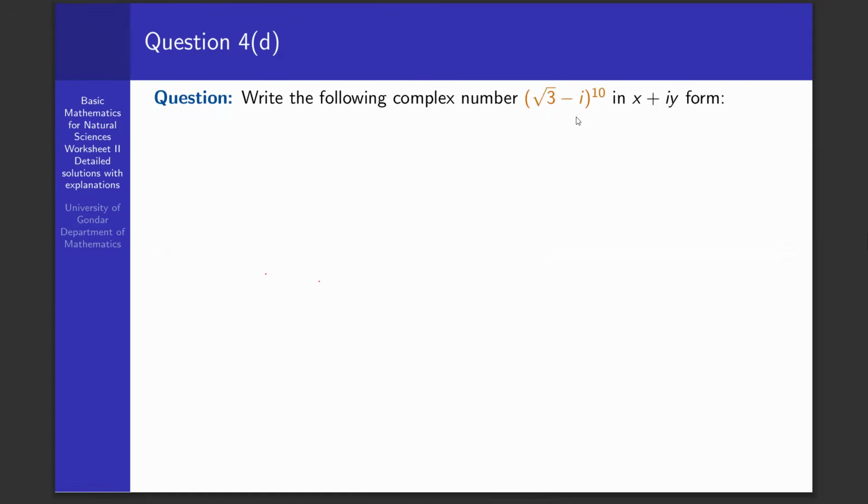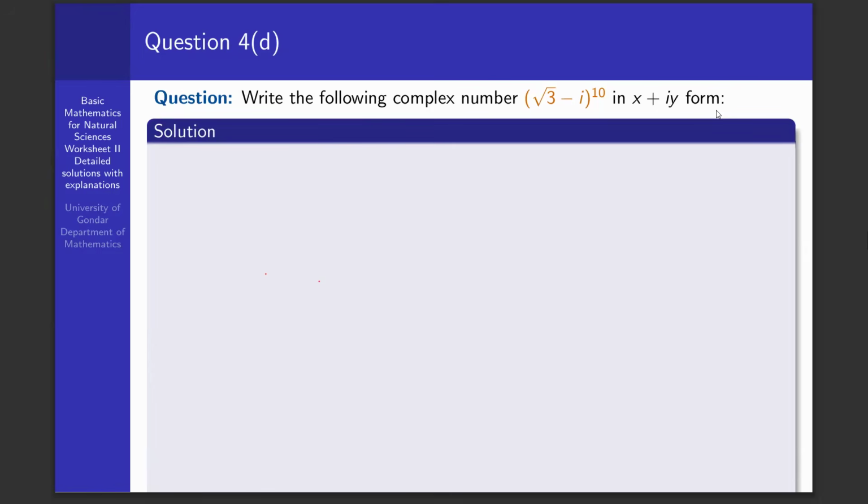The next one is question number 40. It says write the following complex number in standard form, that is x plus iy form. So the solution will be, first we have to convert this into polar form.